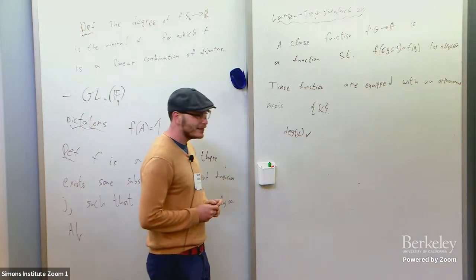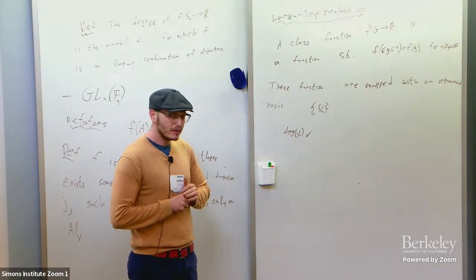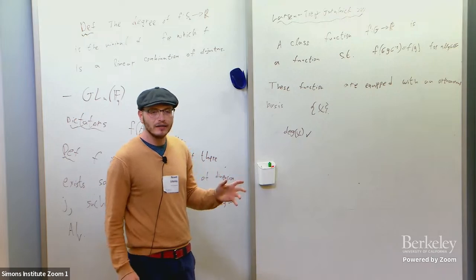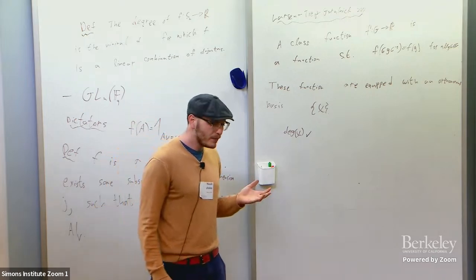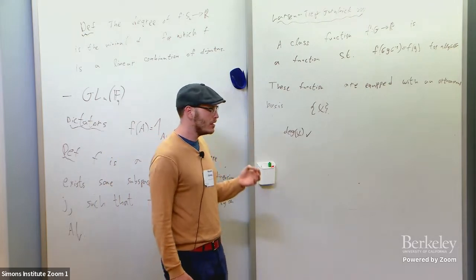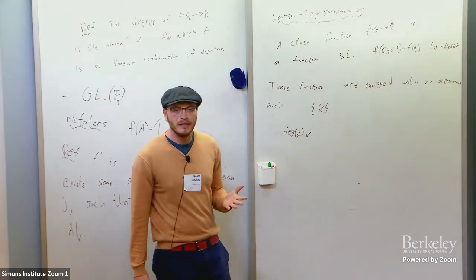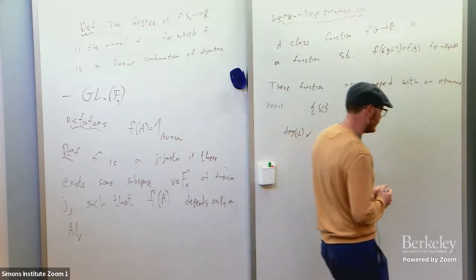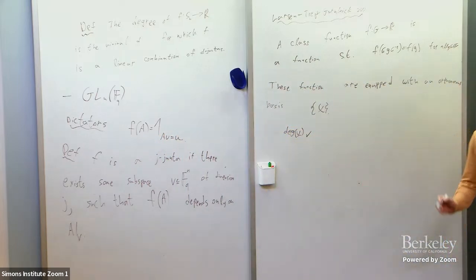And unlike the Boolean cube, where it's quite easy to determine the values of the characters on elements, in other groups it's much harder to know their values and even to estimate them.